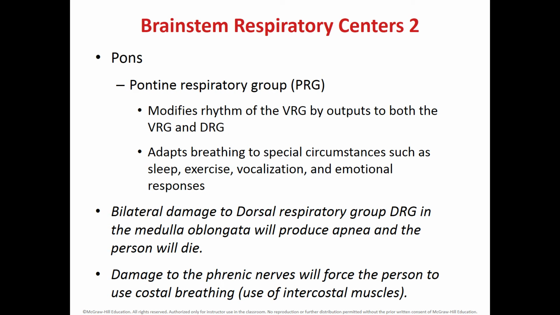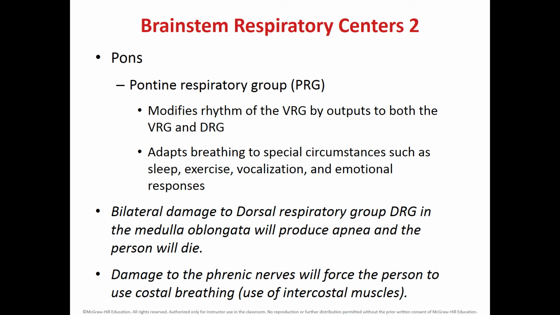Now, within the cervical plexus, in our cervical area, in our neck, we have the formation of the phrenic nerves that innervate the diaphragm. So the spinal nerves C3, C4, and C5 form the phrenic nerves that innervate the diaphragm. So if you have a whiplash and you damage your neck, you can damage your phrenic nerve.